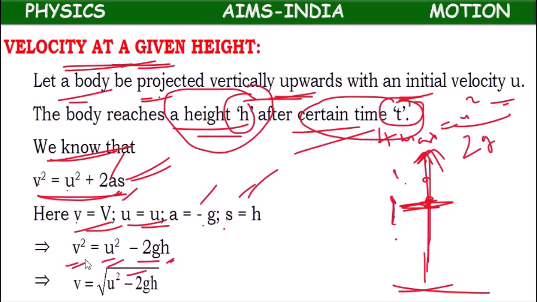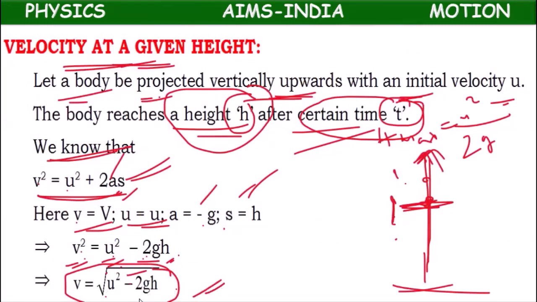It will become V square equals u square minus 2gh. This square will come to this side: V equals root of u square minus 2gh. So this is the formula for a certain height.